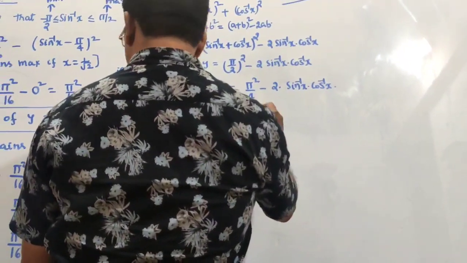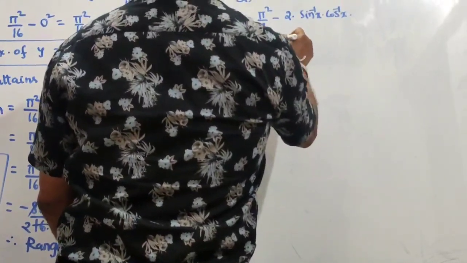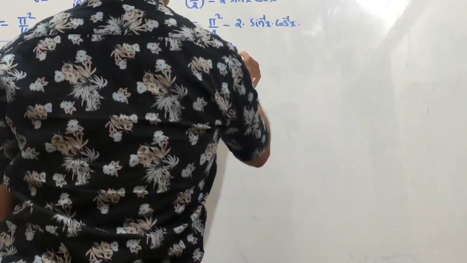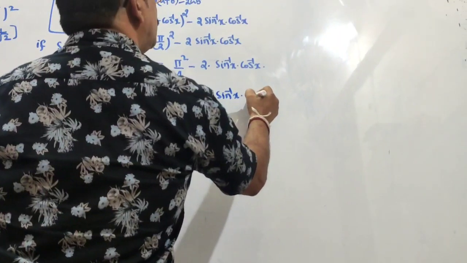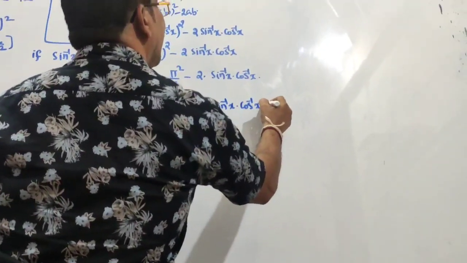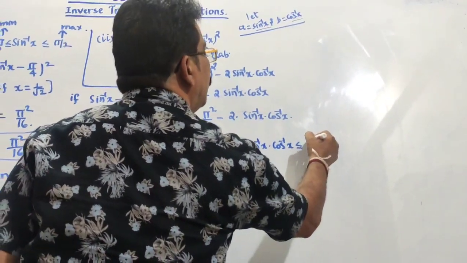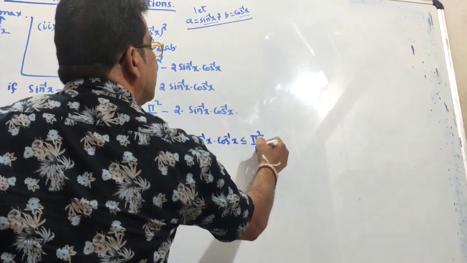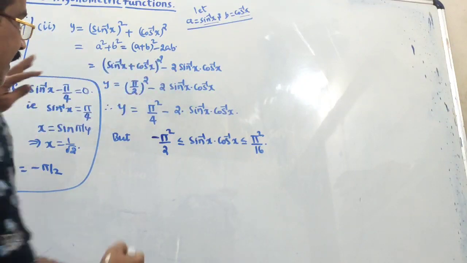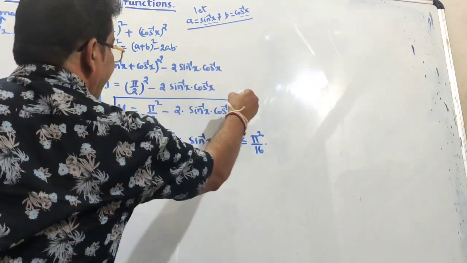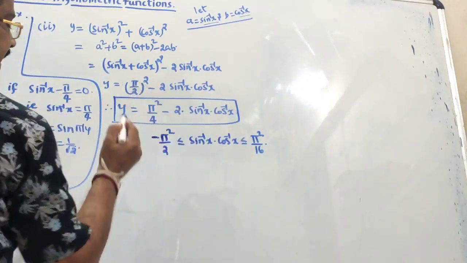Minus pi square by 2 is less than or equal to sin inverse x into cos inverse x less than or equal to pi square by 16. So just multiply gradually, we are obtaining this function by using this condition.